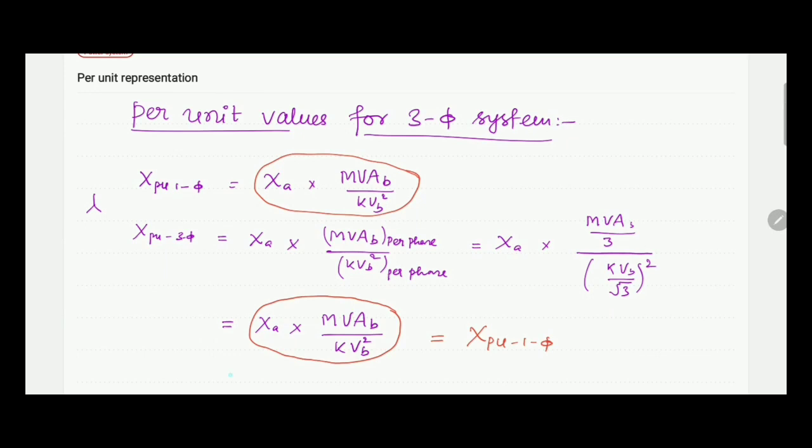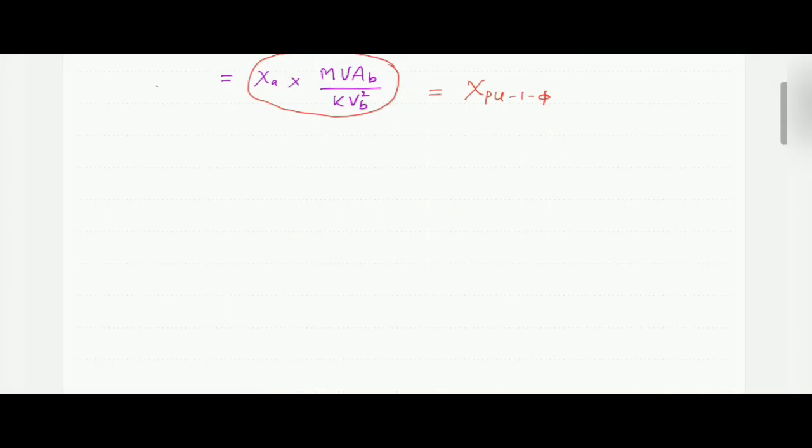So we can conclude that the per unit values in three-phase equal the per unit values in a single phase system. The same will be true for any three-phase system, whether it is star connected or delta connected.